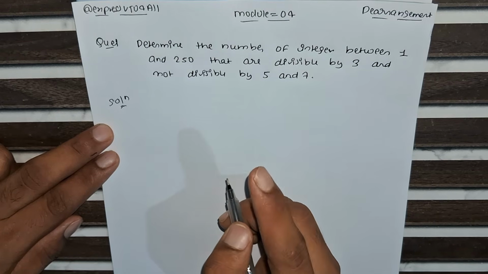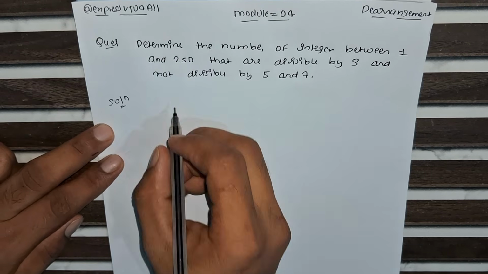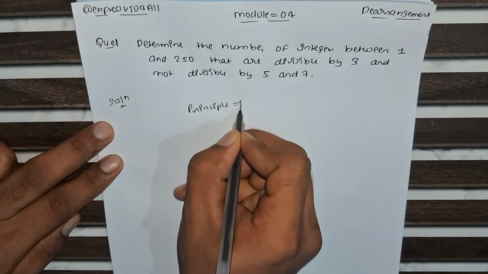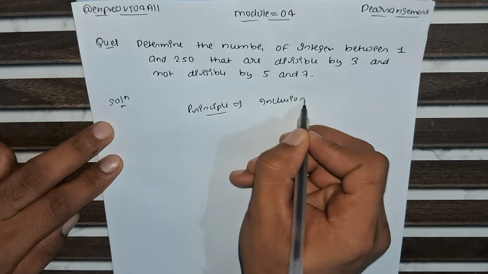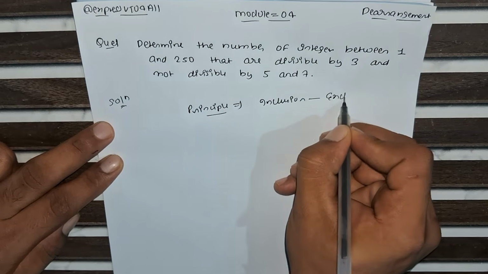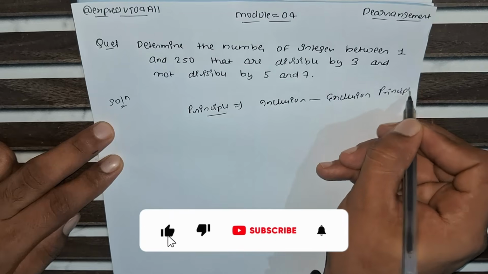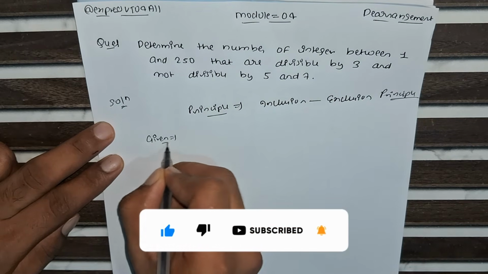So which concept are we using here? We are using the inclusion and exclusion principle. So what is given here?